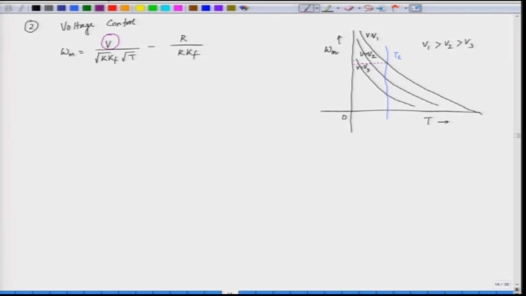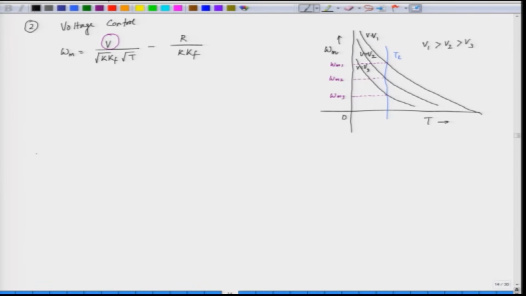So, this is corresponding to the first speed omega m 1. Now, if you reduce the voltage, this is omega m 2, and then if you still reduce the voltage, we get omega m 3. So, this is how we control the speed by controlling the terminal voltage, that is V.